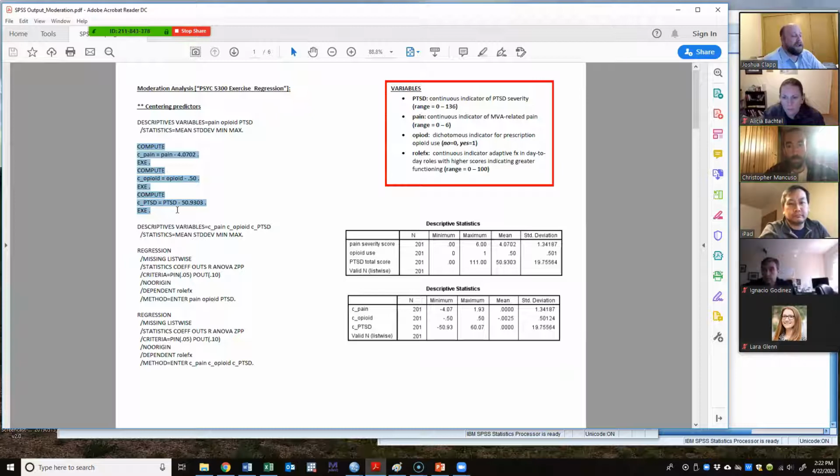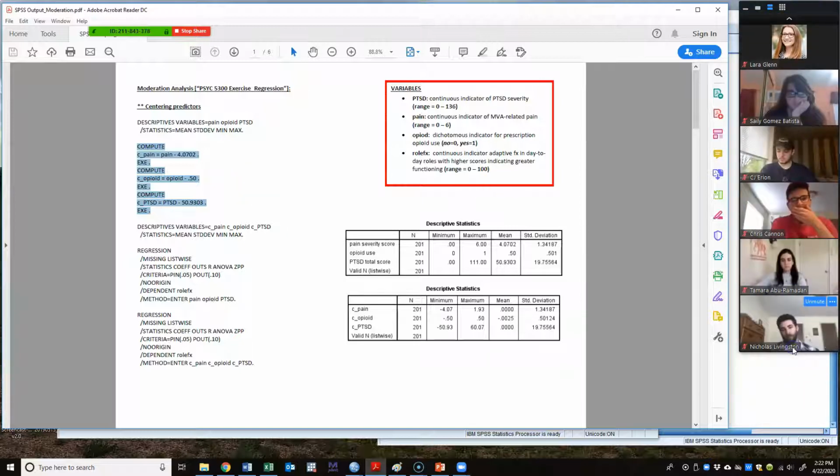The idea is that, remember, any effect in a regression model corresponds to the unique effect of that variable on our outcome, holding everything else constant at 0. And by mean centering, if we hold everything else constant at 0, that means we're holding everything constant at the mean.